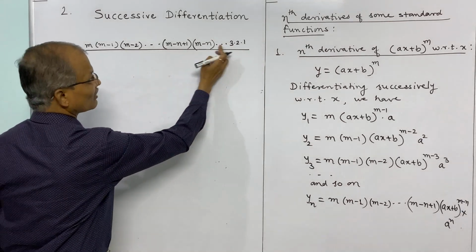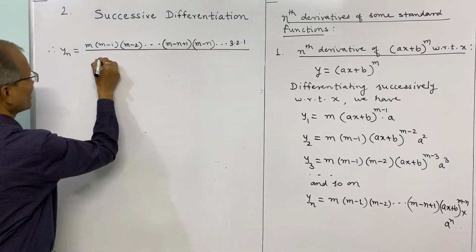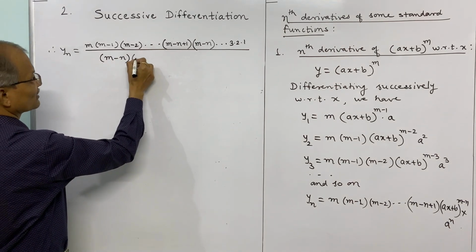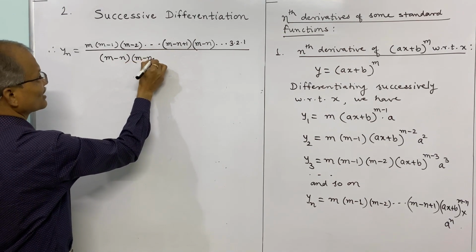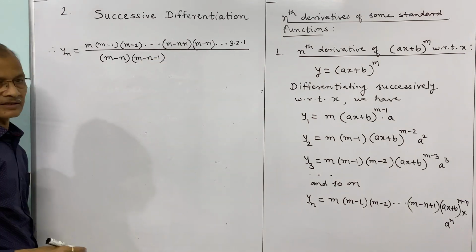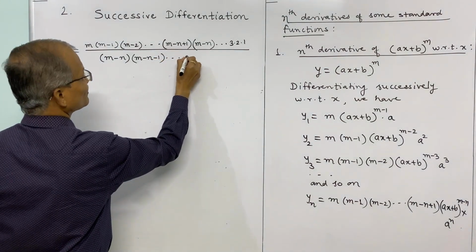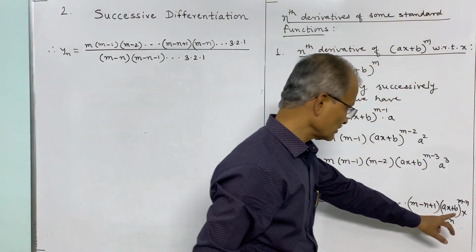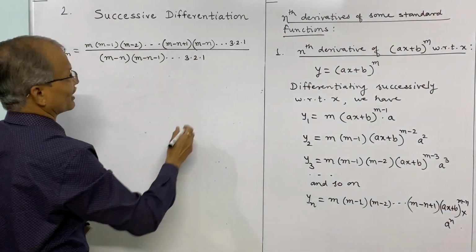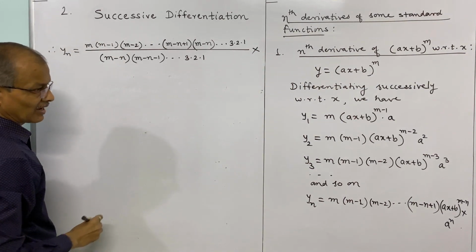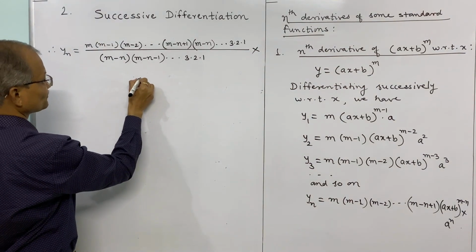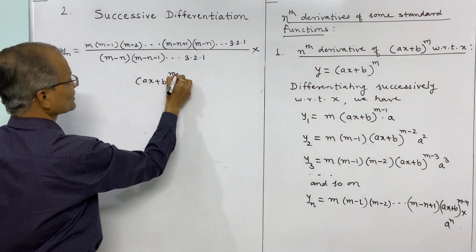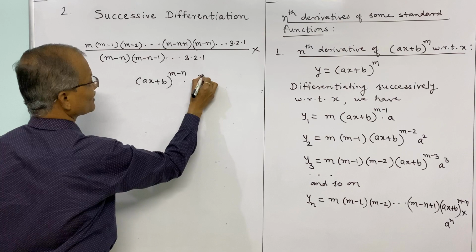So we should divide by the extra terms m minus n, m minus n minus 1, in decreasing order, and so on up to 3 into 2 into 1. And the remaining terms as they are are to be multiplied by ax plus b to the power m minus n into a to the power n.